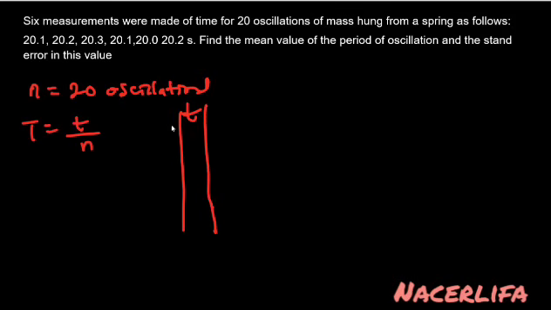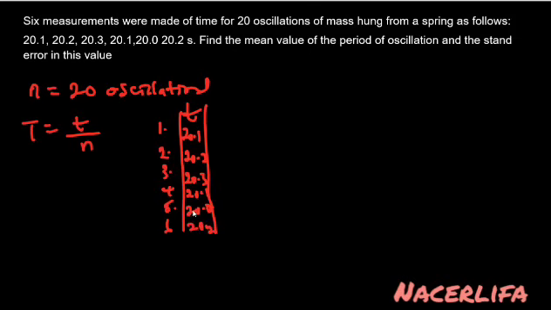We have 6 measurements: the first, the second, the third, the fourth, the fifth, and the sixth. And the times we have are 20.1, 20.2, 20.3, 20.1, 20.0, and 20.2.